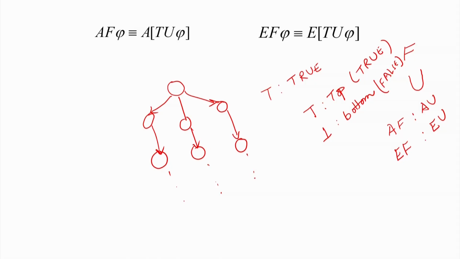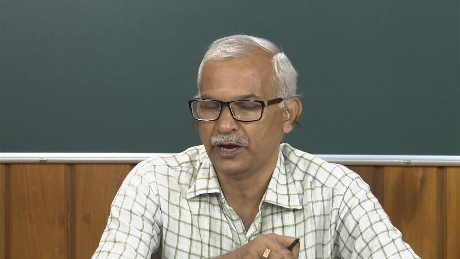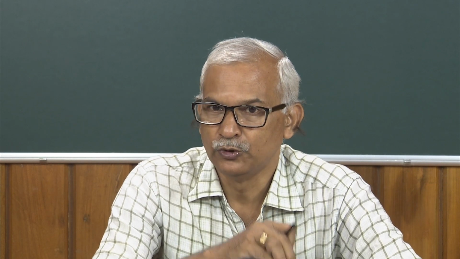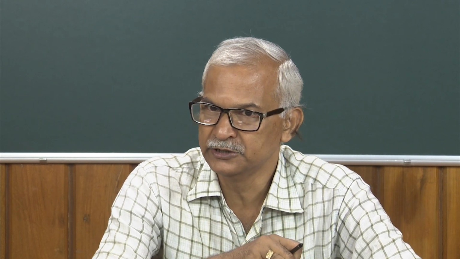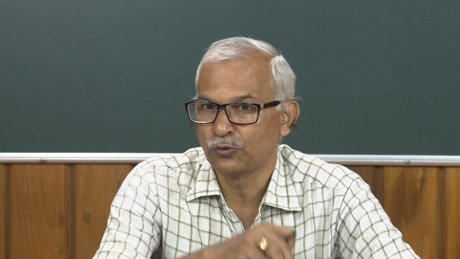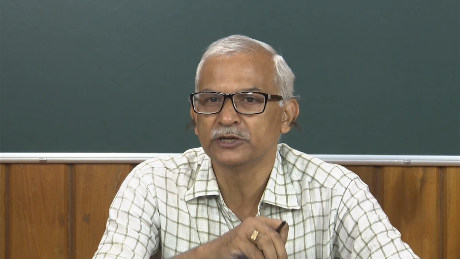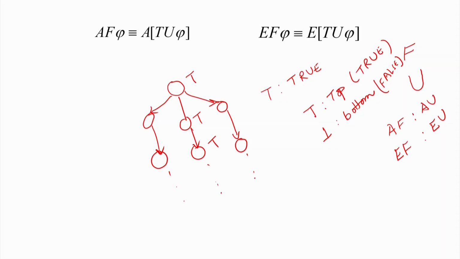That means top, the truth value true, is considered true in all states and bottom is considered false in all states. So, these are the two constants we have in our CTL, which represent true and false. The basic notion is that true is true everywhere and false is false everywhere. If I look into the labeling, we can consider that everything is labeled with the truth value true. So, now in this particular case what happens?